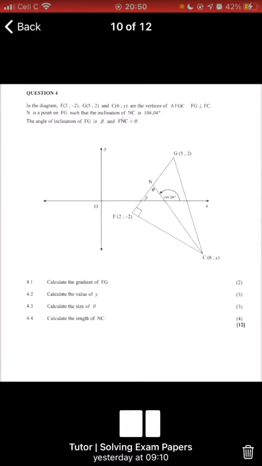Guys, are you able to see my screen? Yes, we can see, but it's kind of small. This is question 4. Yes, sir, but it's very small and we can't really read it. I think if you click on the screen where you say small, it's going to zoom in and be on full screen. Can you see? Yes, sir.